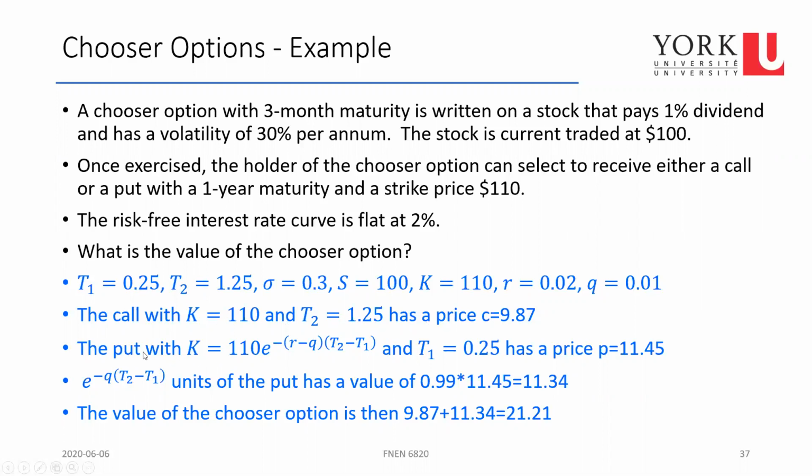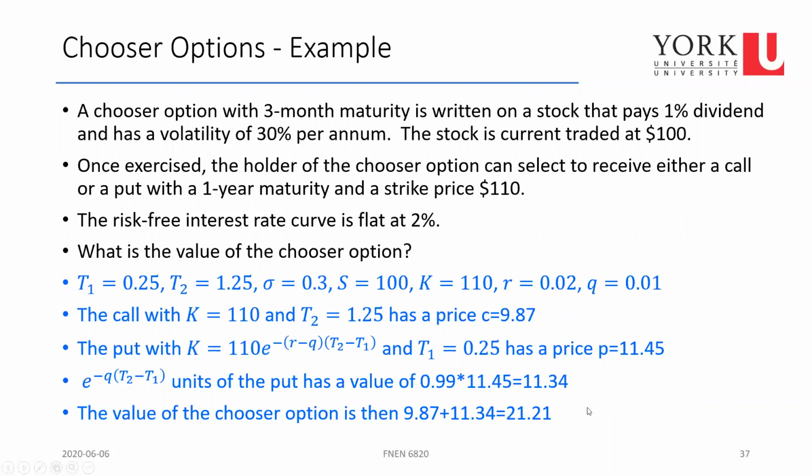And the put with this adjusted strike price and T1 has a price of $11.45. So this many units of the put then has a value of $11.34.